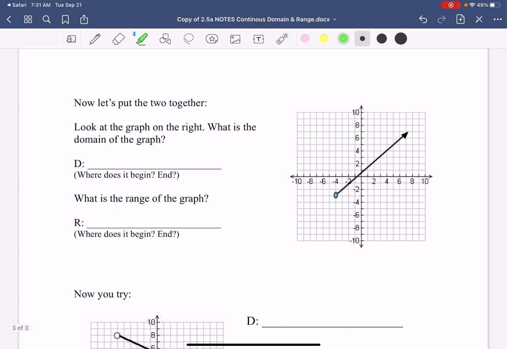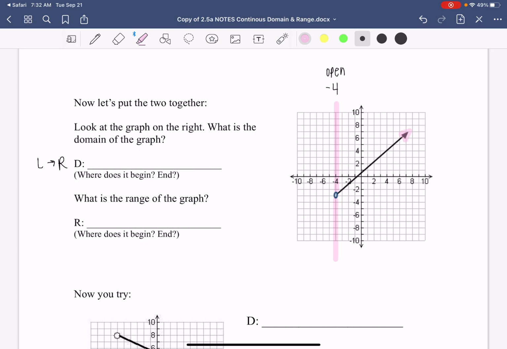All right, this is the last one I'll do. Let's put the two together now. Look at the graph on the right. What is the domain? So remember, domain, left to right. Where does it begin? Well, it begins at -4, but notice how it's an open endpoint. So it's open. Where does it end?